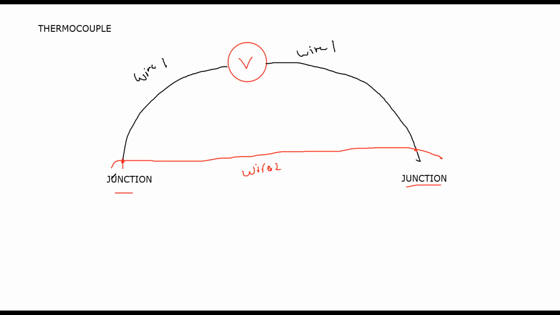The position where we place a hot object, we call the hot junction. The position where we place a cold object, we call the cold junction. For a thermocouple to work, there should be a hot junction and a cold junction, two surfaces at different temperatures.